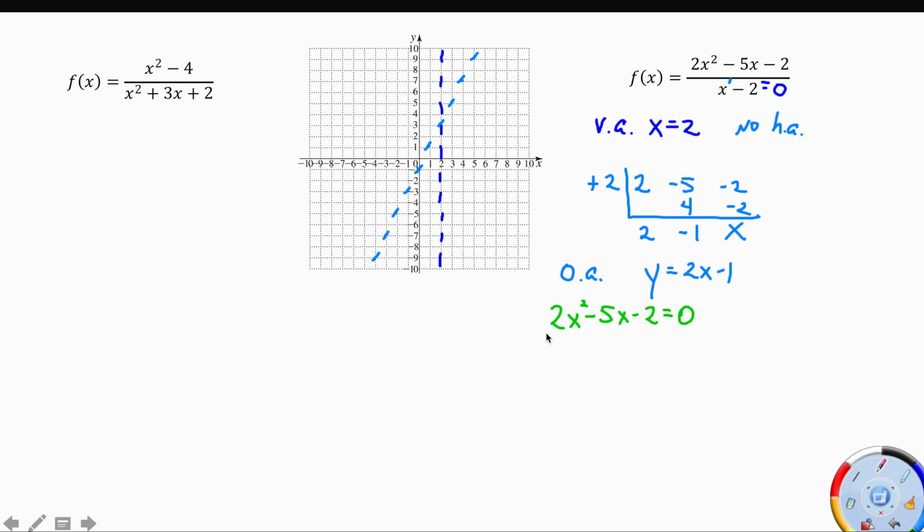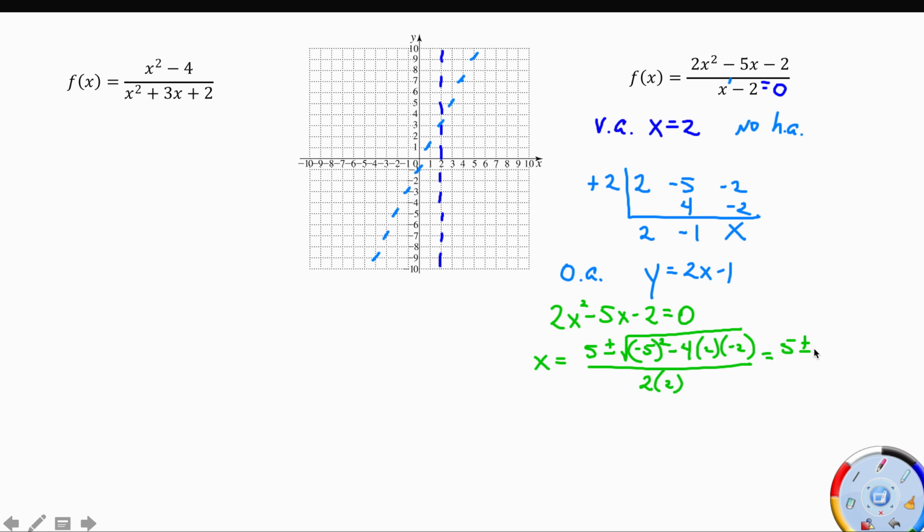We already said this thing doesn't factor, so I'm going to do my quadratic formula. Negative b plus or minus the square root of b squared minus 4 times a times c, all over 2 times a.